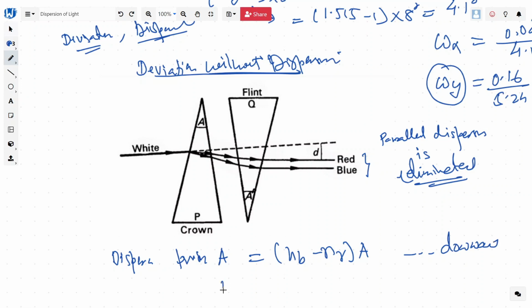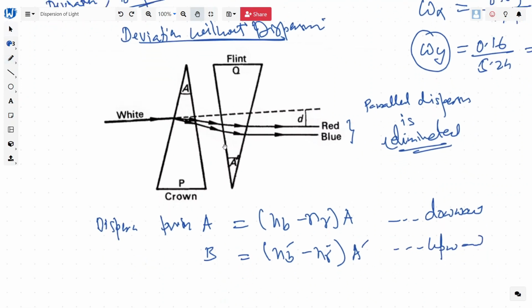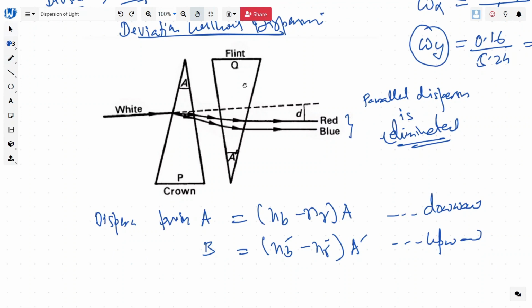But for prism B, it is going to be, let's say, (nB' minus nR') times A'. So these are the refractive indices of blue and red light in the flint prism, and let's say this angle is A'. So this one is going to be upward. Now we can have this arrangement, with prisms made of different glasses and different angles, so that we can have this. Let's find out that condition.